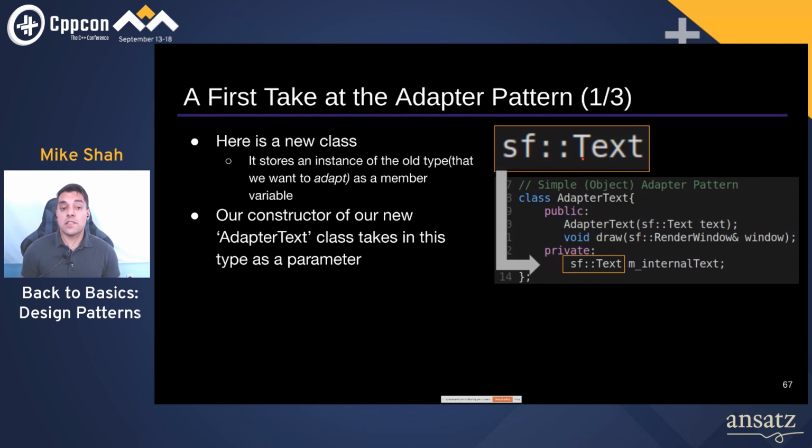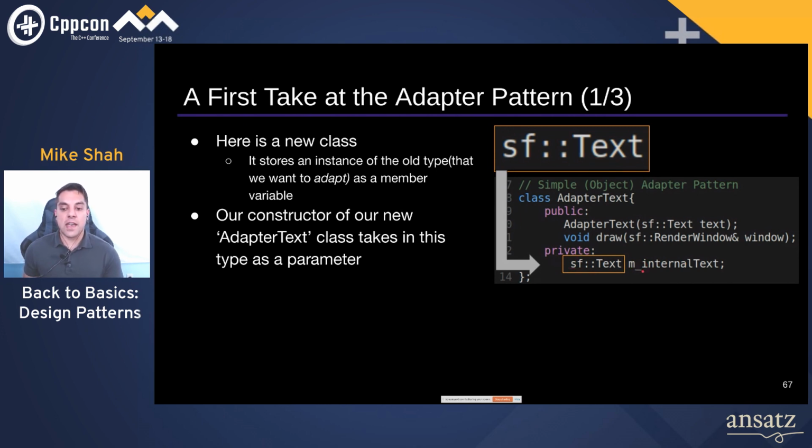Okay, so first take at the adapter pattern is to create a new class. So here in this figure, I've created a class. I call it adapter text here, and this is going to be our adapter. And it's going to take our previous implementation of text and make it a member variable here.